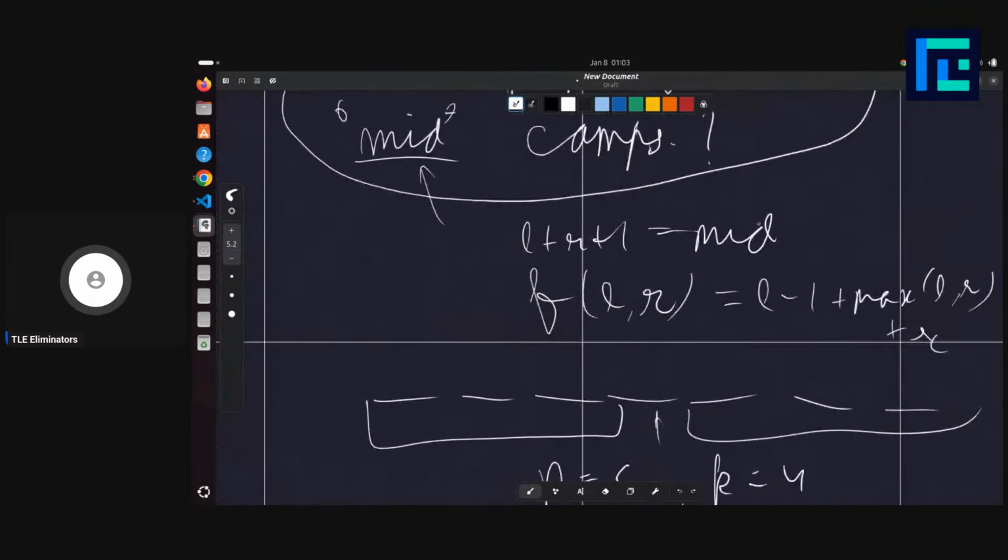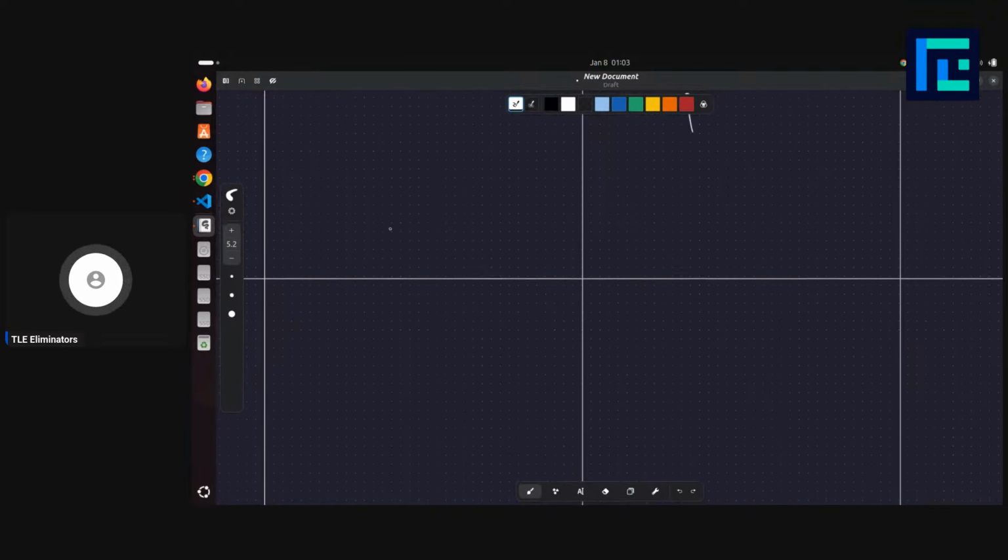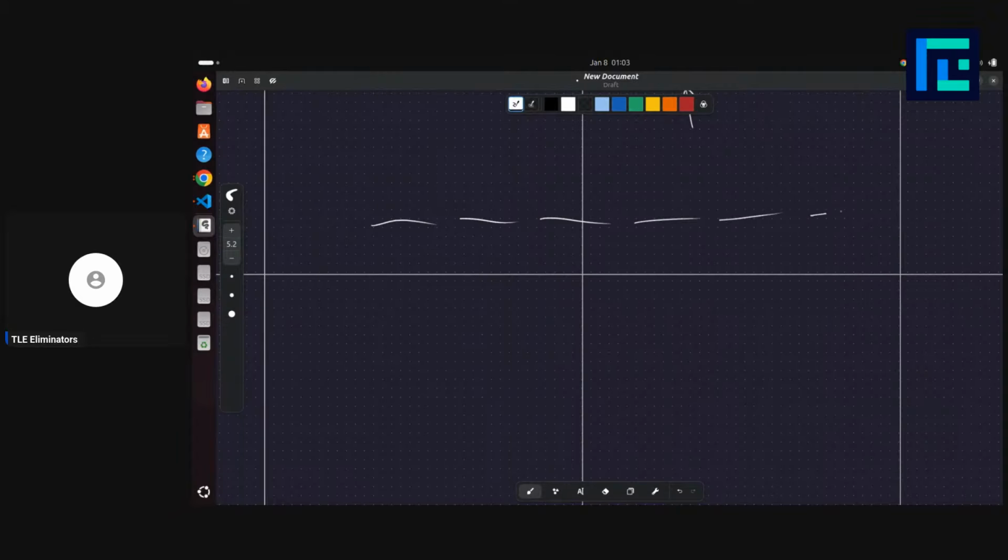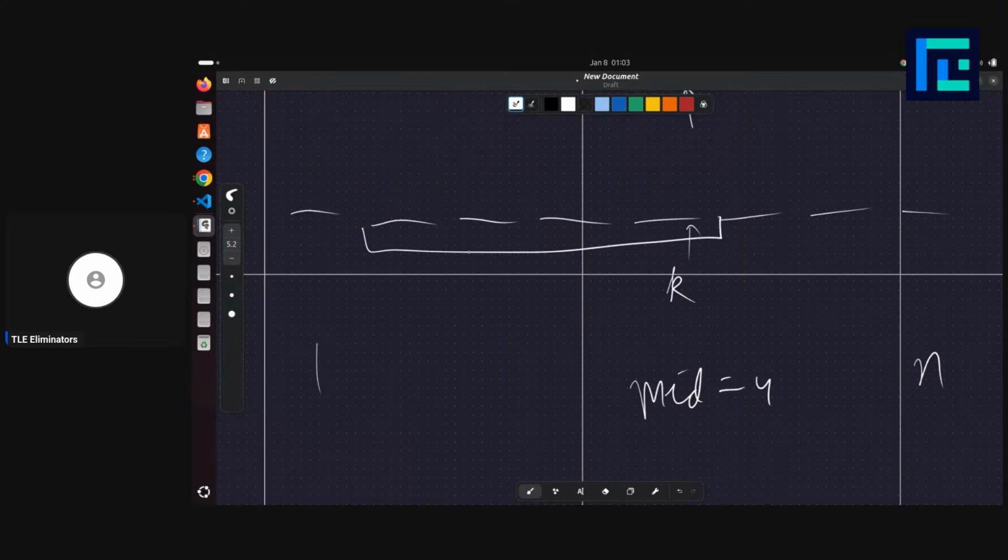This is sliding window only. You have a camp right here on k, and from 1 to n you have this, and you are doing a binary search on the window length. So let's say for mid equal to 4, you will start with this window, then do this window, then this window, and then this window.